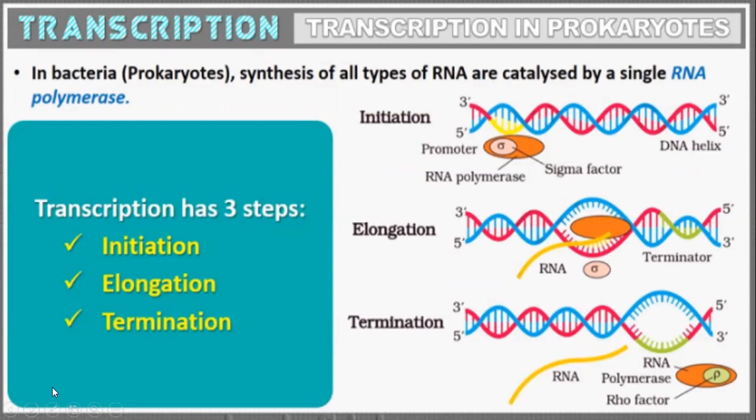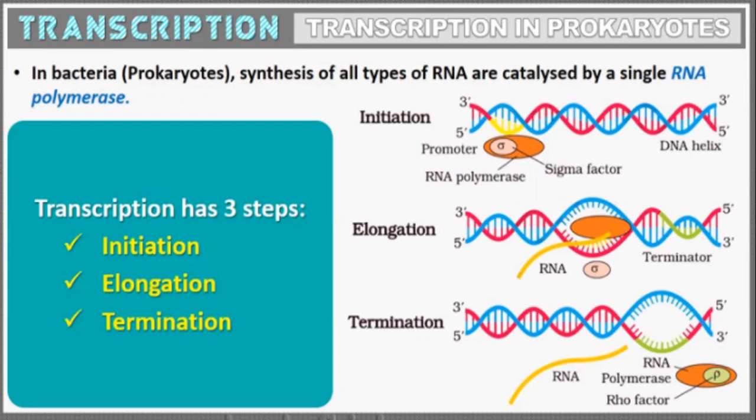Transcription in prokaryotes. In bacteria, that is prokaryotes, synthesis of all types of RNA is catalyzed by a single RNA polymerase. And transcription in prokaryotes has three stages: initiation, elongation and termination.